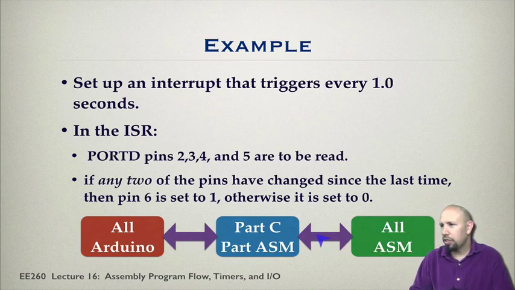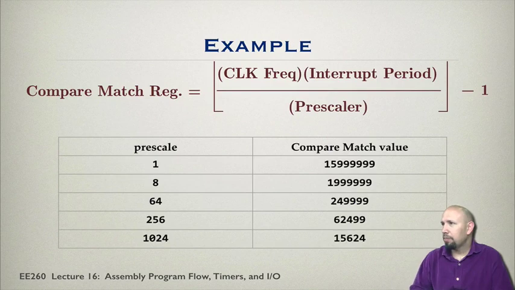So these are the options that we have. I'm going to choose all assembly. It would be very straightforward to do a lot of this using the Arduino C code directly, and we've shown some examples that involve part C and part assembly, so we're going to just do everything all in assembly. So that's where we're going next.